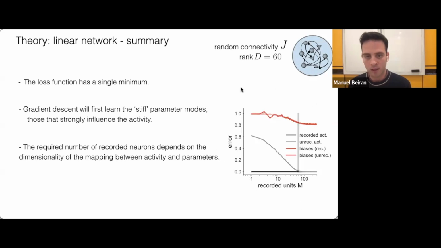And just as a summary figure, I'm showing them all here. You can see that if we record from more than 60 neurons for this rank 60 connectivity, we expect to find zero error between teacher and student, and we expect to have a mismatch when we record from fewer than 60 neurons.